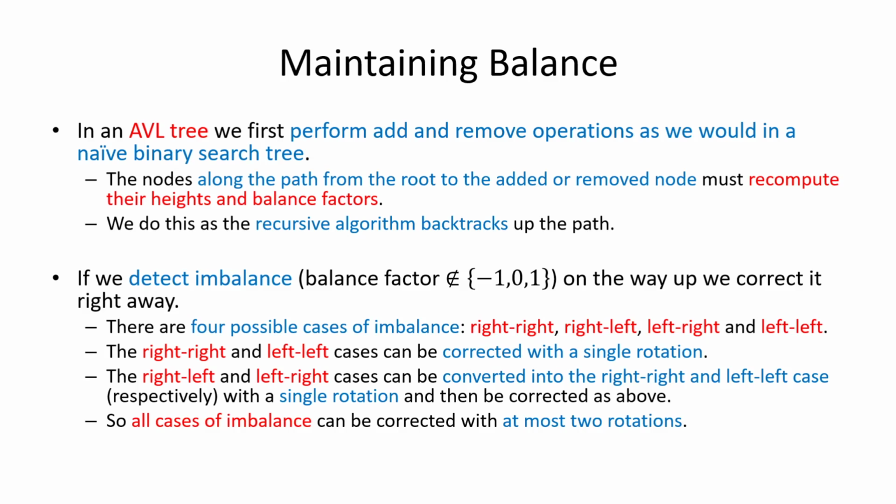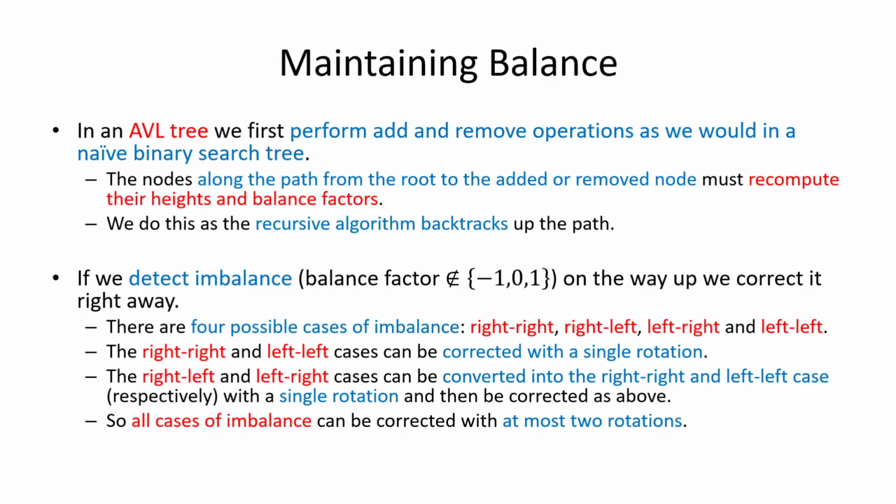Now the other important thing is we usually want to update the heights and the balance factors lower down in the tree before we update the ones higher up in the tree, because the ones higher up in the tree depend on the ones that are lower down in the tree. Luckily, the way we carry out our adds and our removes in our binary search tree is with a recursive add or a recursive remove.